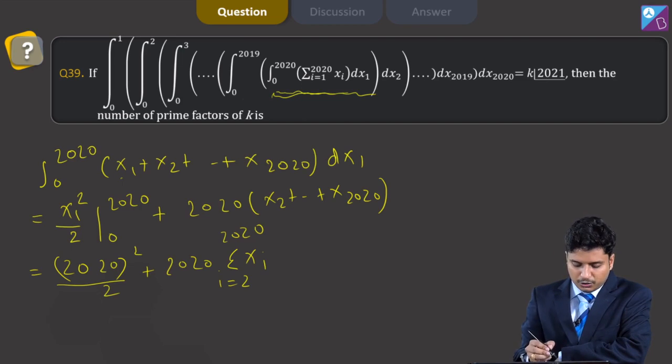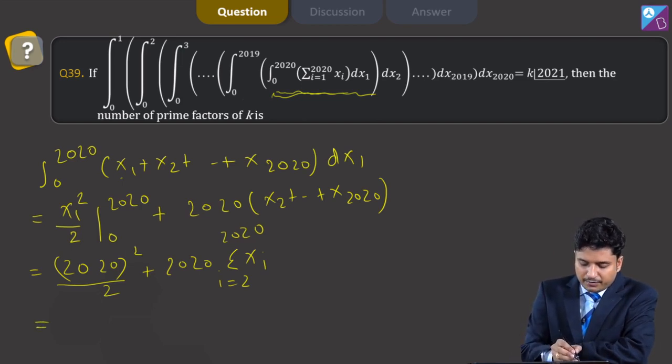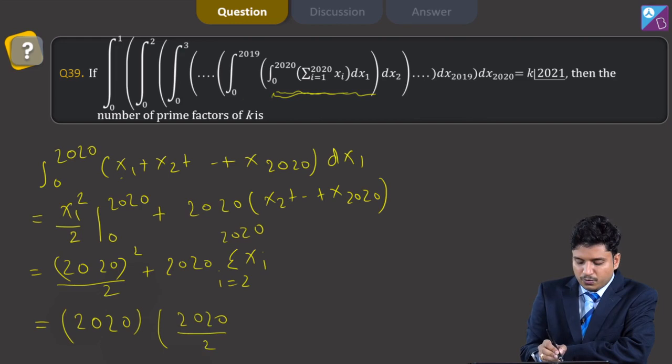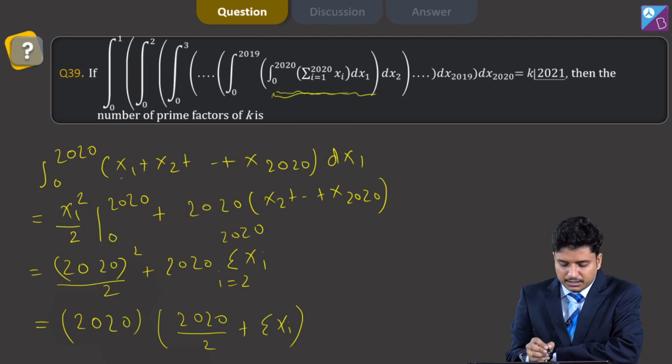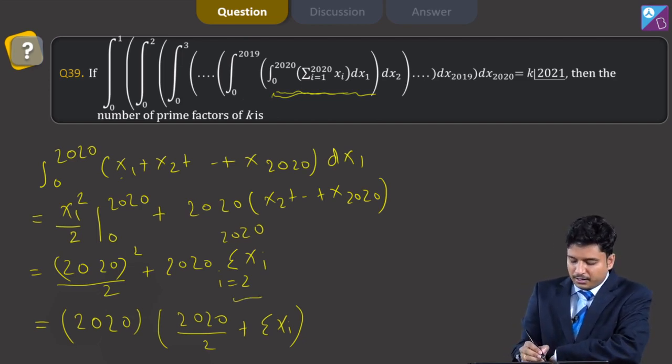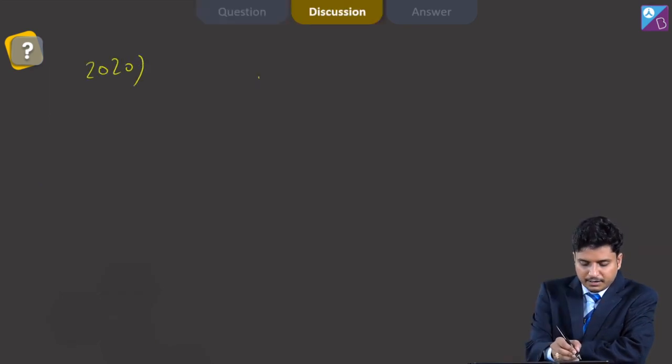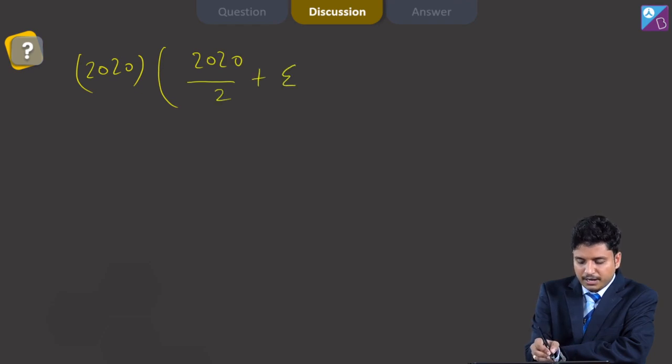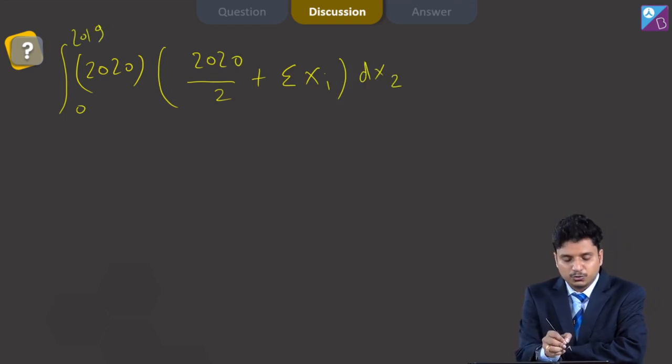Now see, 2020 can be written as a common term. Here you will get 2020 by 2 plus the summation over xi, where i of course varies from 2 to 2020. So in brackets it is 2020 by 2 plus summation over xi, and from 0 to 2019 I have to integrate it with respect to dx2.